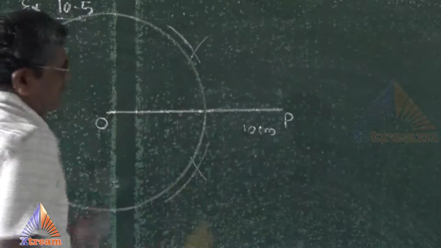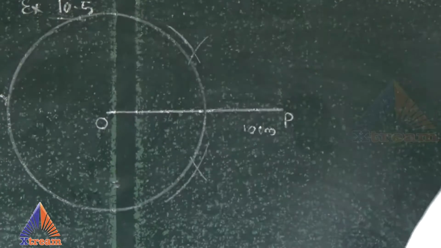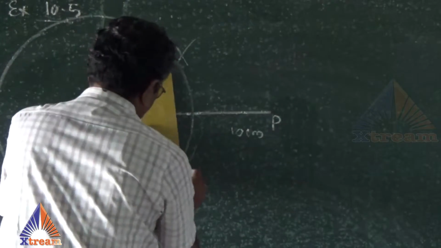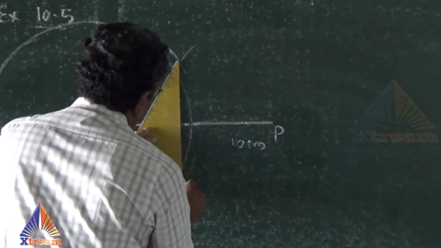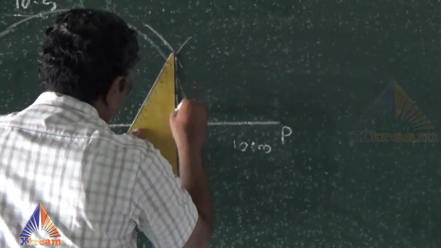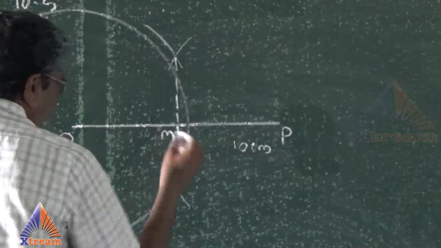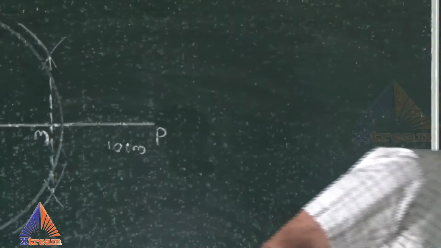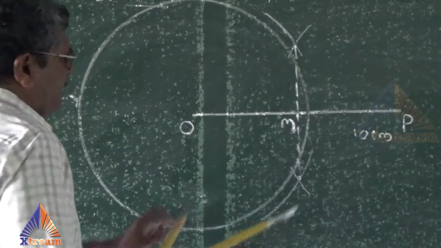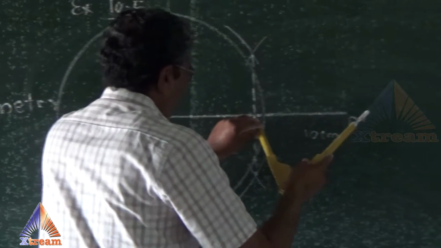Then the midpoint is inside the circle. M is the midpoint.